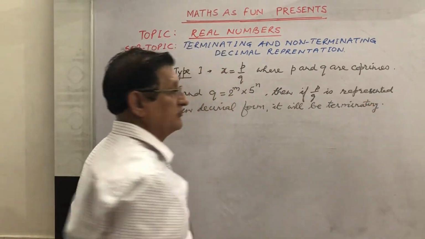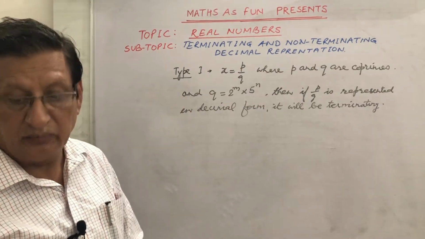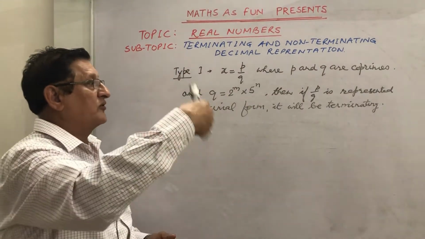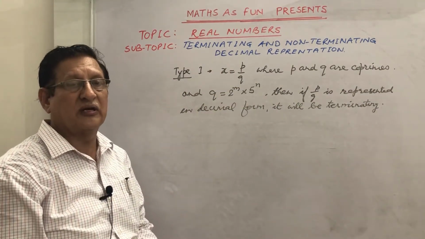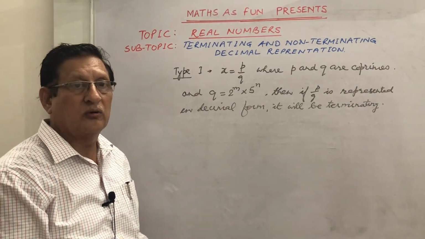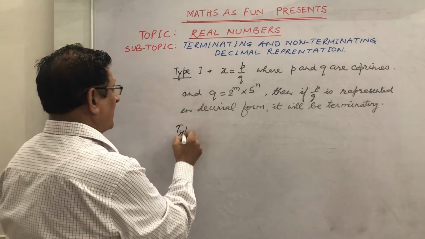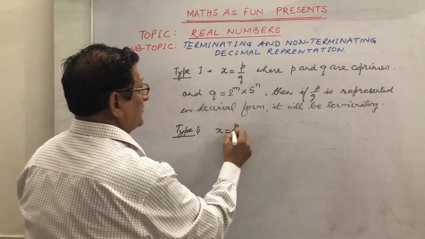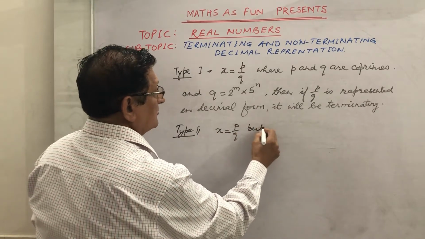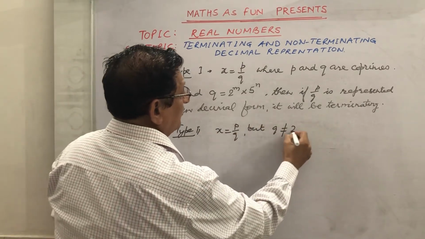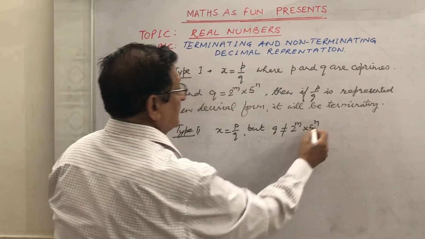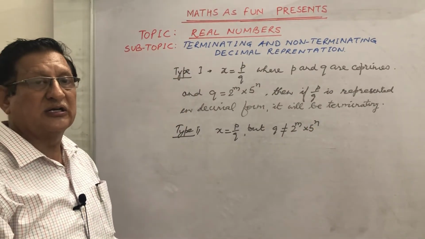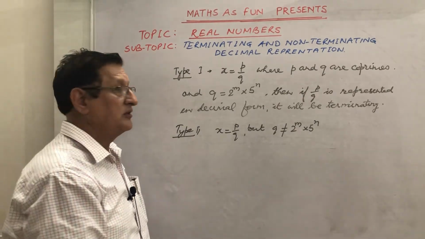What is the meaning of terminating? Terminating means it will end. If we divide p by q, after some decimal places we will get the remainder as 0. Type 2: we may have x as p upon q, but q is not equal to 2 to the power m into 5 to the power n. It means there are some other factors also than 2 and 5.